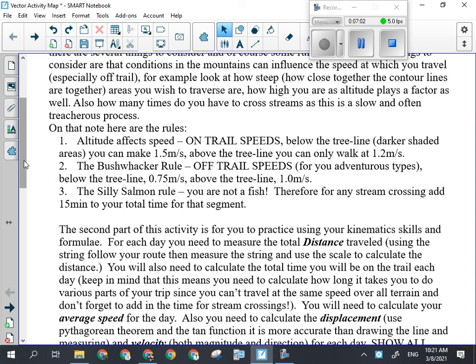Why so much slower? Yes, you're going to be shorter of breath because at altitude there's less oxygen available and it's just plain harder to do things. If you ever watched anybody climb Mount Everest, when they're getting near the top, they take one step and then they stop. And it's like they've just run 100 meters full bore.